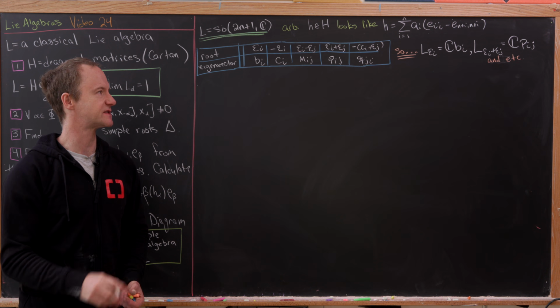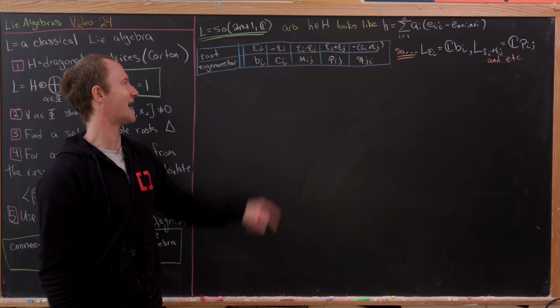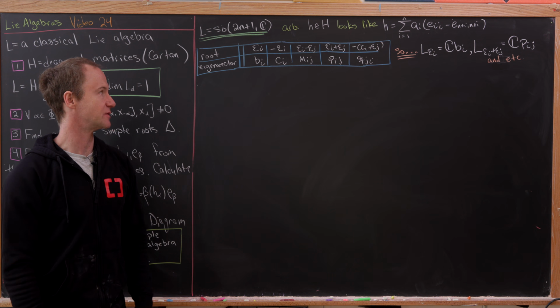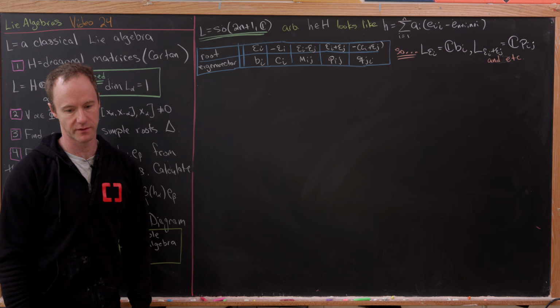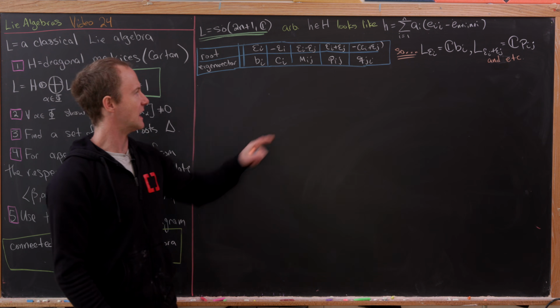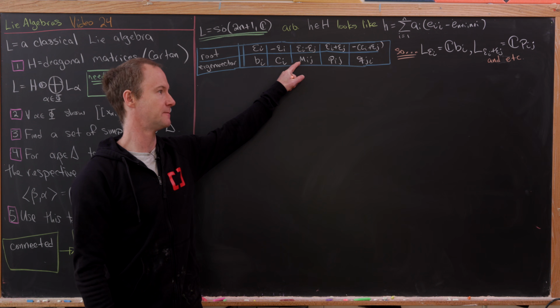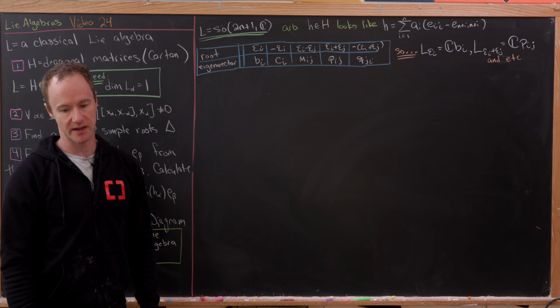Okay, so here's a bit of a summary of what we just saw. If we had the following roots, these were the eigenvectors for those roots. So epsilon I had eigenvector bi, minus epsilon I, ci, and so on and so forth. And let's recall that in this case, we needed I not to be equal to j. And then in these two cases, we had I strictly less than j.